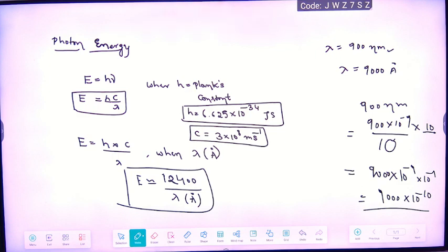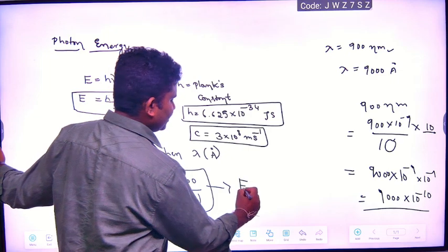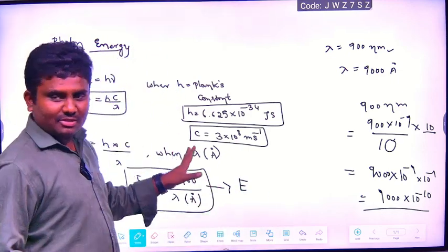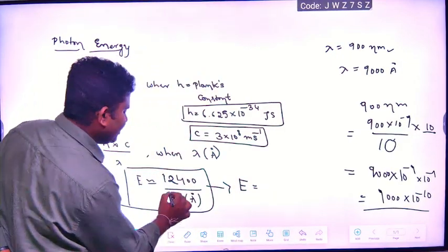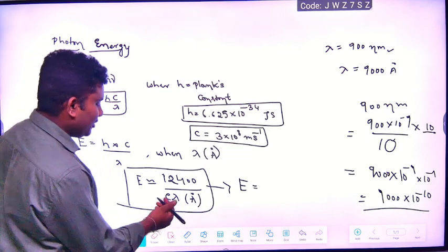So this energy, sorry to mention, this energy should be in electron volts. If this energy is in electron volts, not in joules, don't take it in joules. If it is in electron volts, what you will do? You will multiply it with the charge of electron, right? E lambda. After multiplying only.